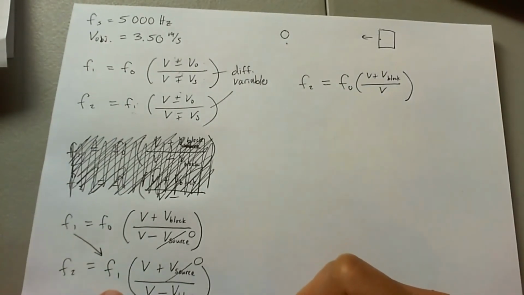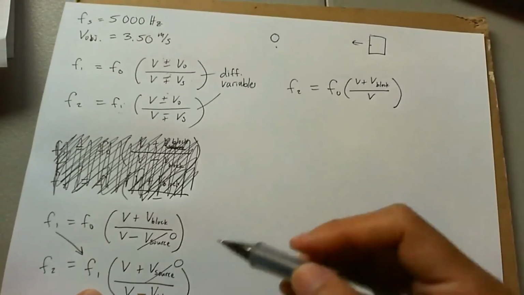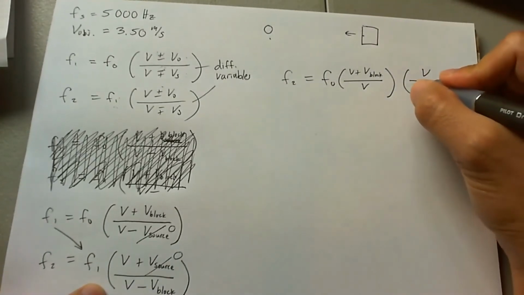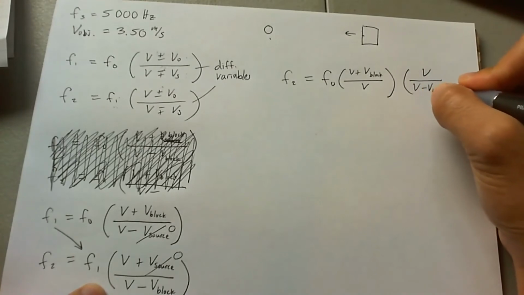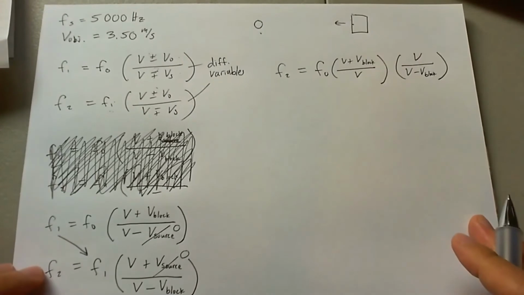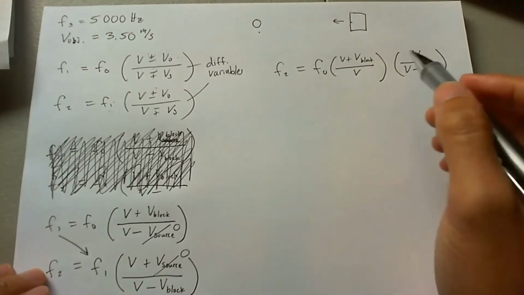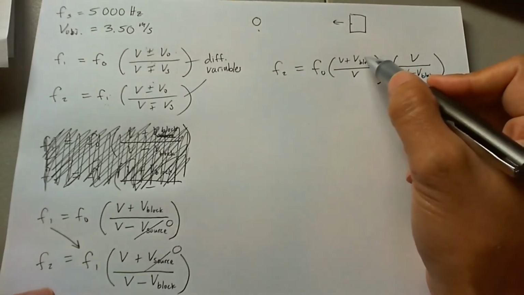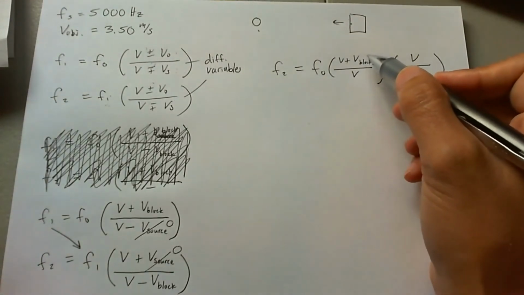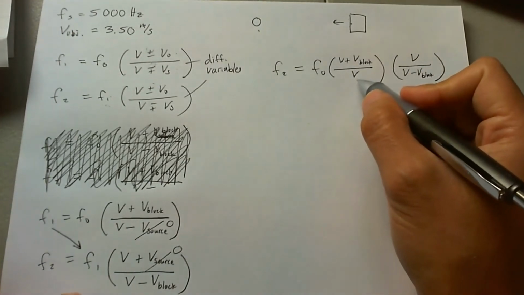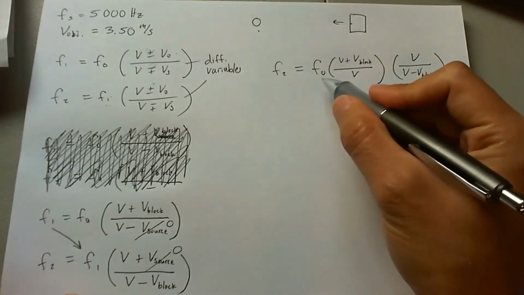And then after F1, you have this bit right here, and this is going to be V divided by V minus V of the block. And there you go. That's the final equation that you need for this particular situation. So now you only need the velocity of the block coming towards the source detector, the speed of sound in air, and the original frequency.